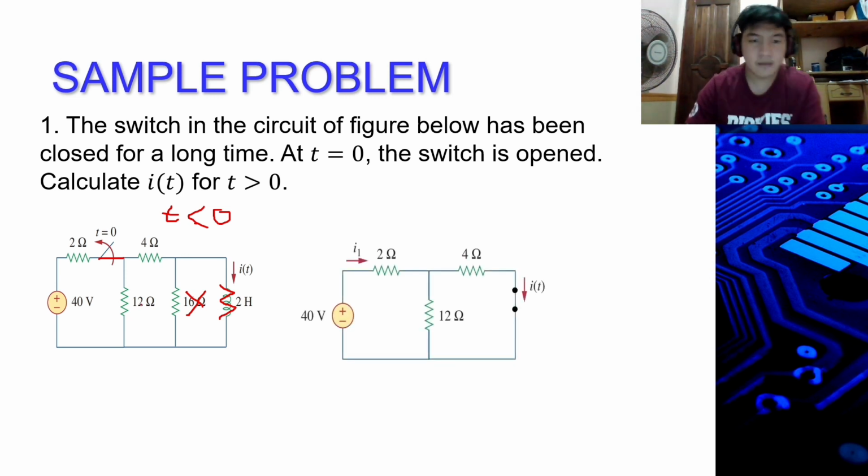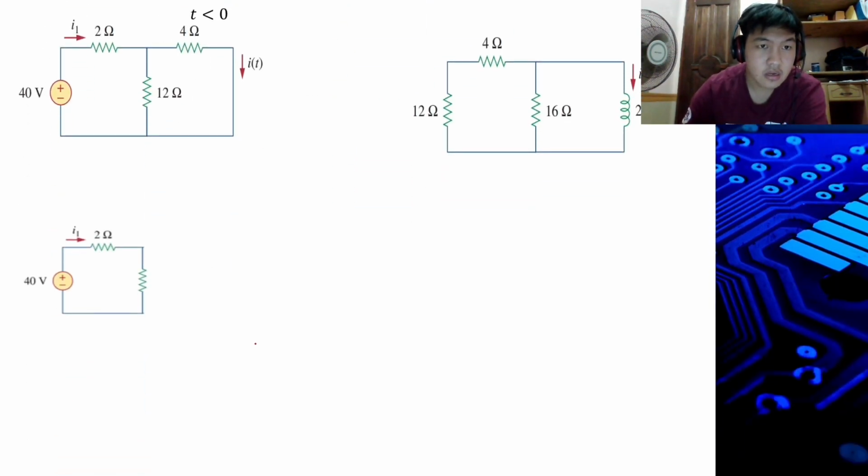Let's redraw this. Okay, to analyze, we can find the equivalent resistance: 4 times 12 over 4 plus 12 is equal to 3 ohms. If we redraw it, we can get this circuit.